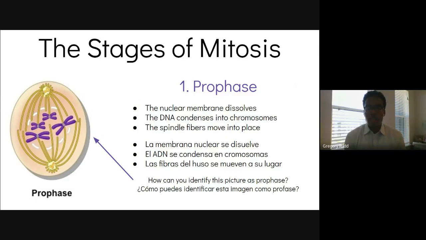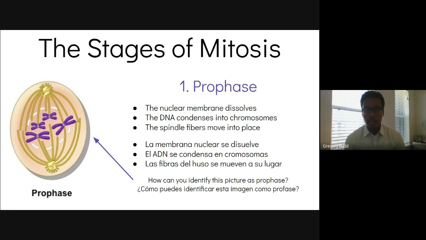During prophase, the nuclear membrane dissolves, the DNA condenses into chromosomes. So instead of being that big plate of spaghetti where all the DNA is just totally and randomly wound together, the DNA condenses, it forms into tightly wound chromosomes that are extremely well organized.